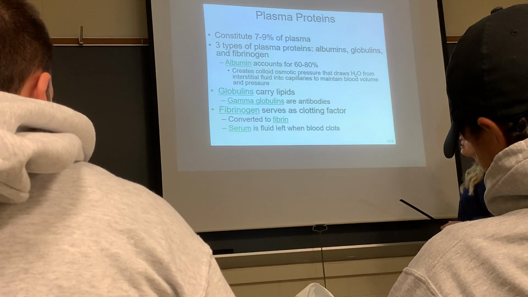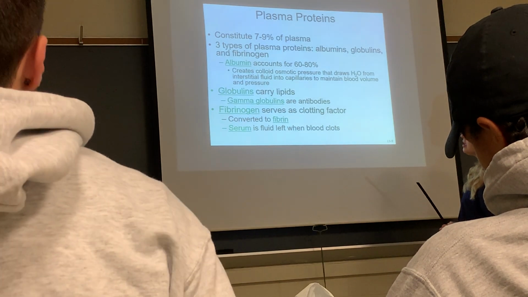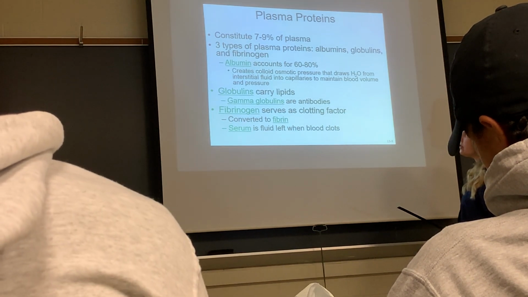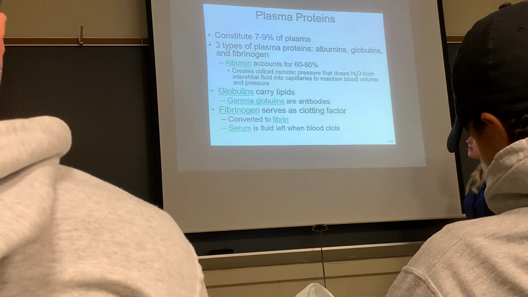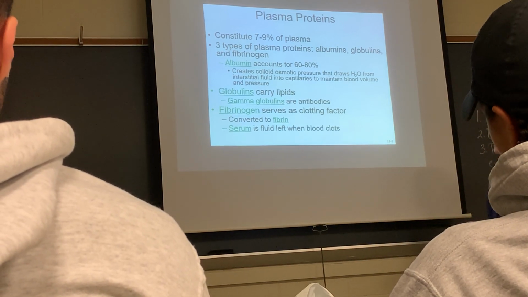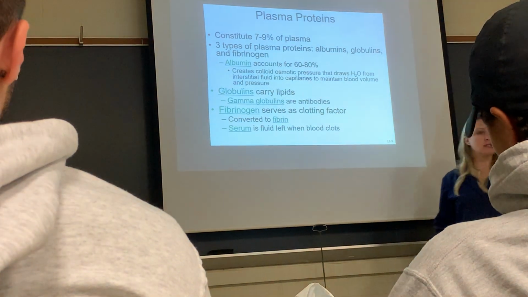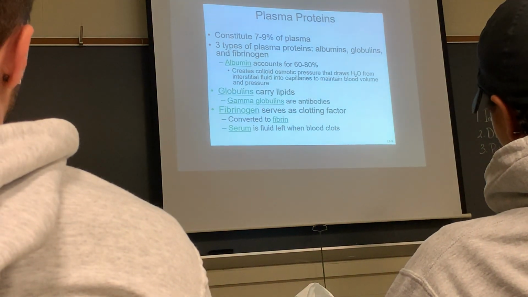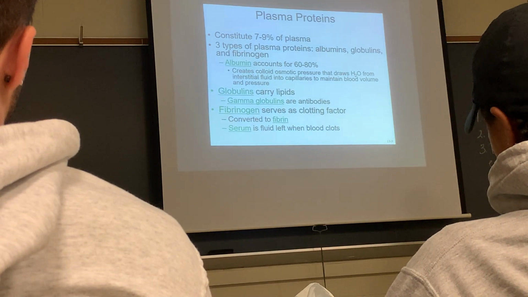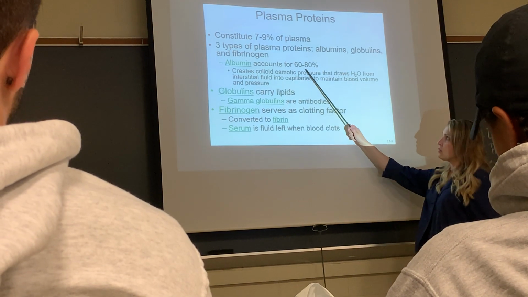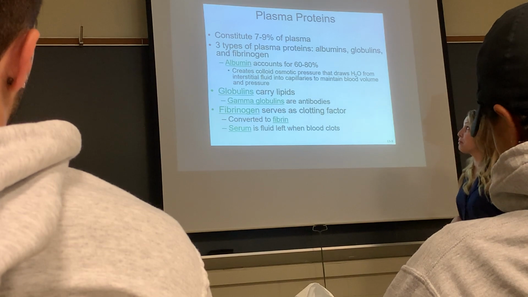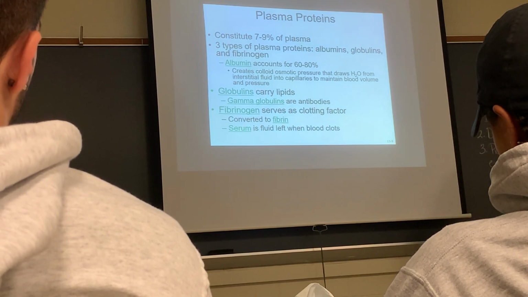In the plasma, which again is a large component of blood, 55%, it has plasma proteins that are associated with it, which make up about 7 to 9% of the plasma. We have albumins, which are the most abundant, 60 to 80%.